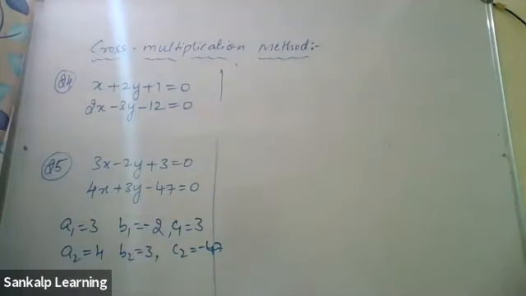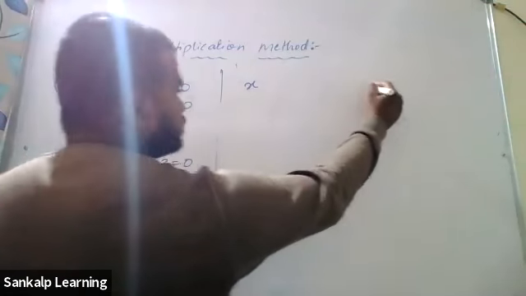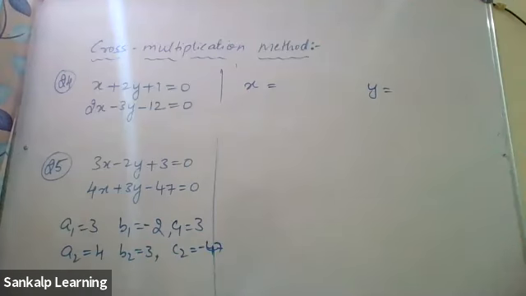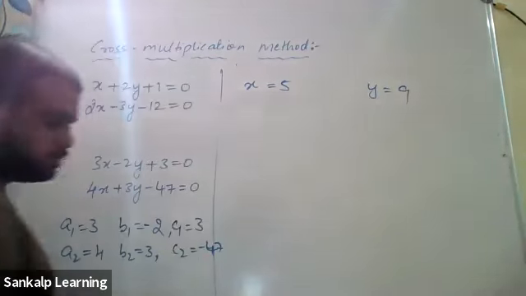So A1 B1 C1, A2 B2 C2. Next you have to find the value of x and y using the formula. Use the formula, you will get the answer. X is equal to 5, y is equal to 9. This is what you should get. Please check it out.